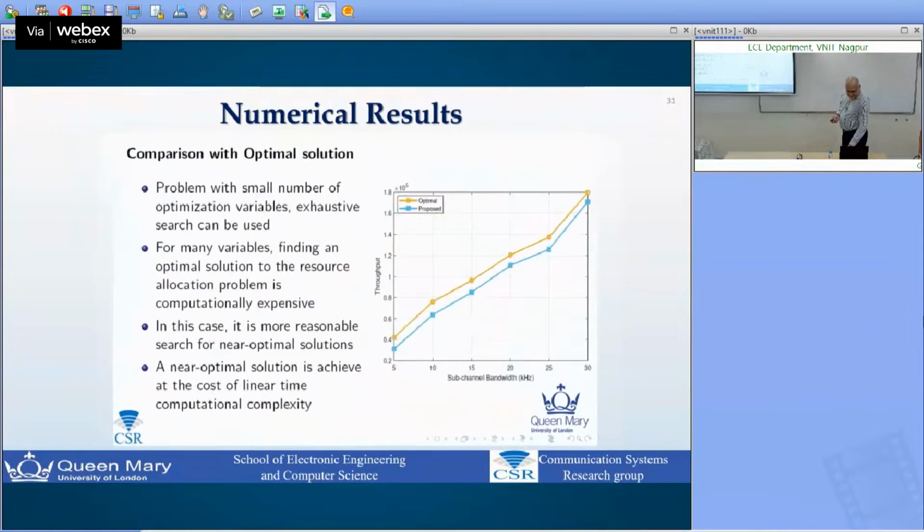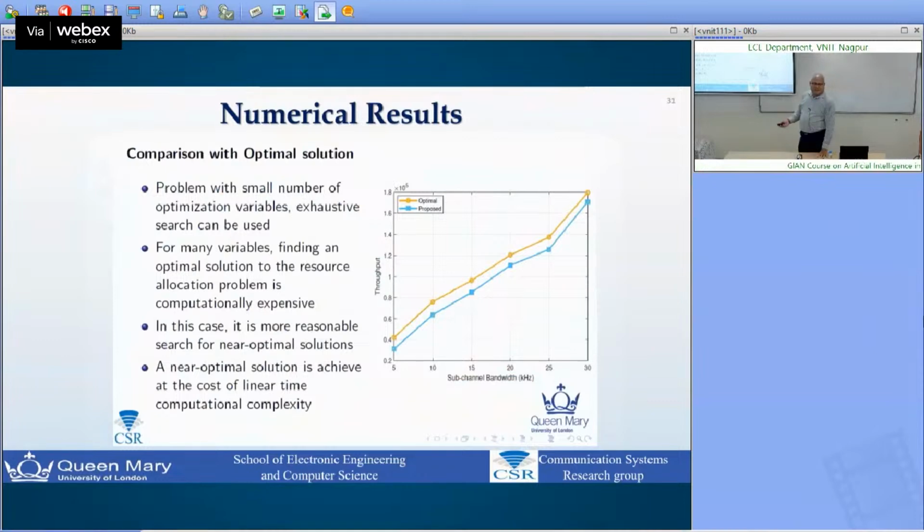Yesterday, after we formulated this problem, we stopped. What is meant by optimal solution? When we have a small number of variables, we can do the exhaustive search. So for the small number of cases, we got these numbers by exhaustive search. This is the upper bound, so definitely machine learning will be lower.